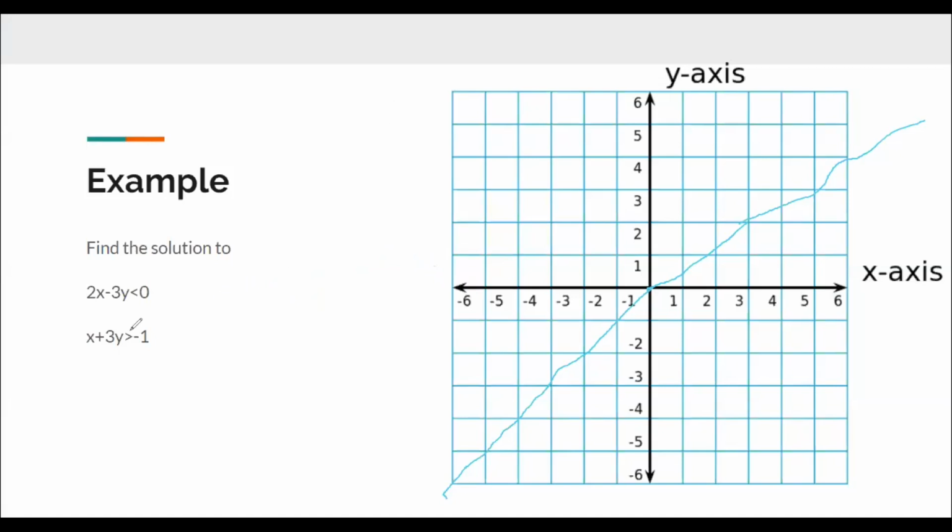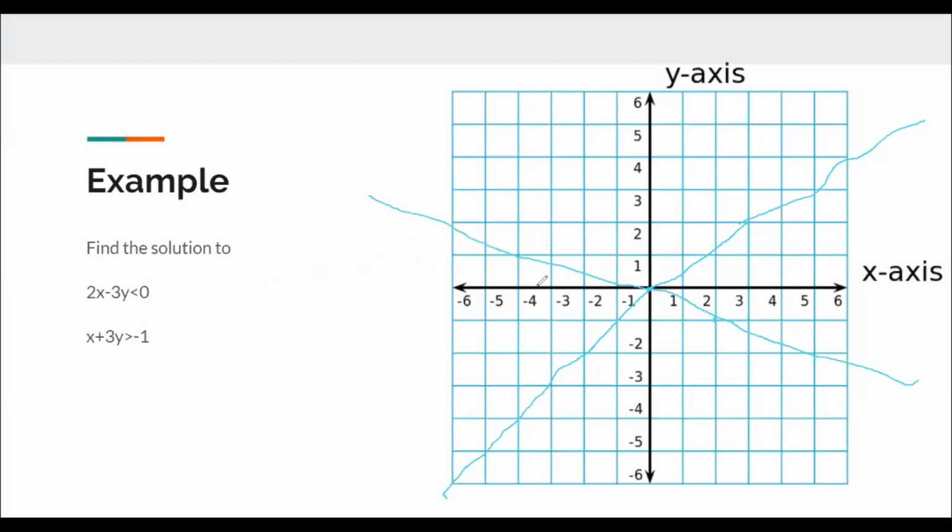Now you draw the second inequality. x plus 3y is greater than negative 1. You find points that satisfy this. So you're going to have 2, negative 1. And then you can also do negative 2, negative 4, and negative 4, 1. And you can connect the line like that.